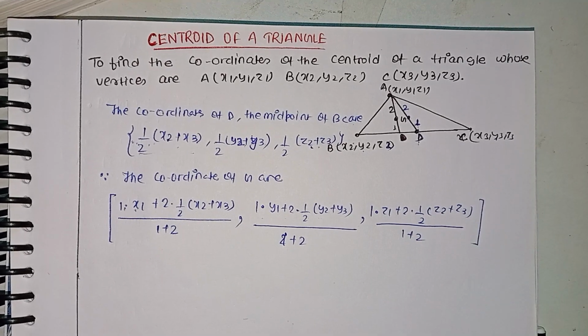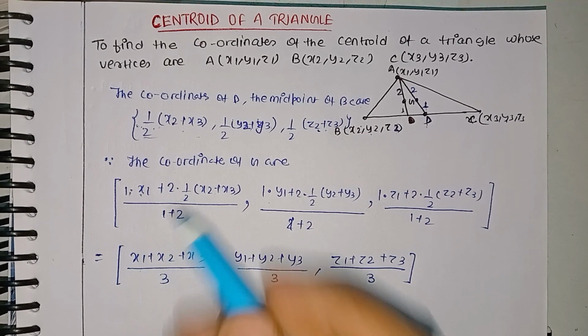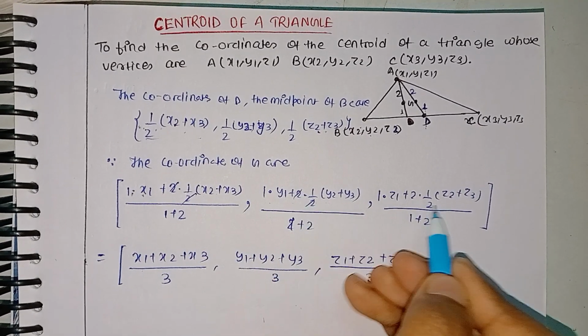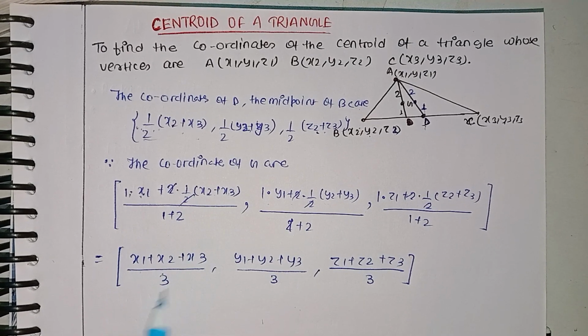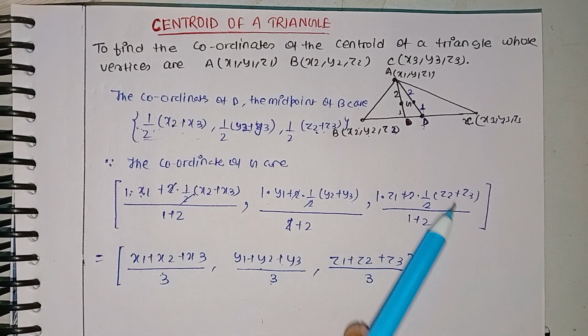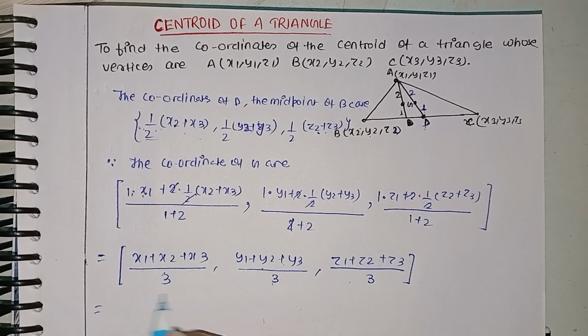As we solve this, the 2 cancels in each, and we get (x1 plus x2 plus x3) upon 3, (y1 plus y2 plus y3) upon 3, and (z1 plus z2 plus z3) upon 3.